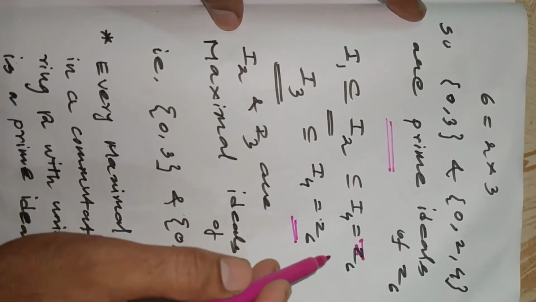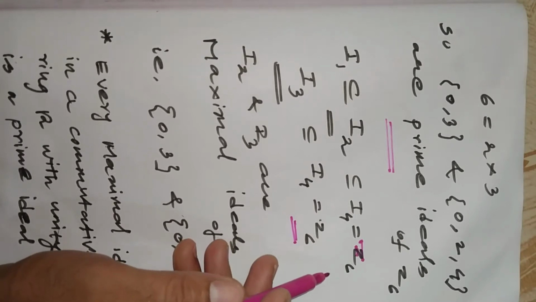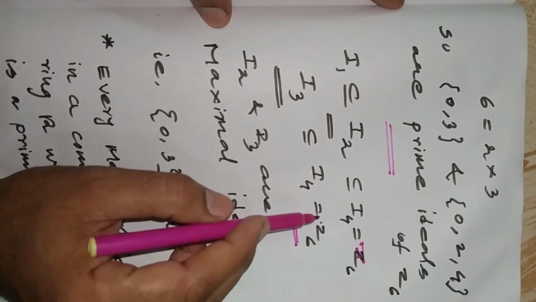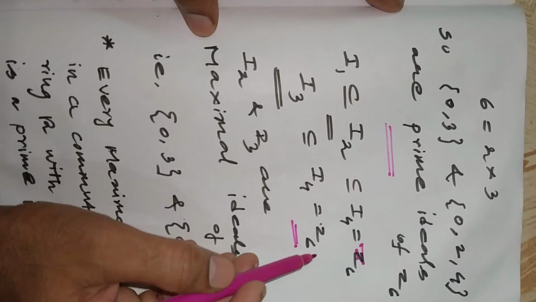So what we have to find out is the maximal ideals. Just now we have seen the definition of the maximal ideal. So we have to find out the maximal ideals of Z6. Am I right?